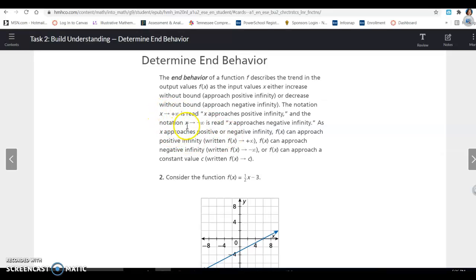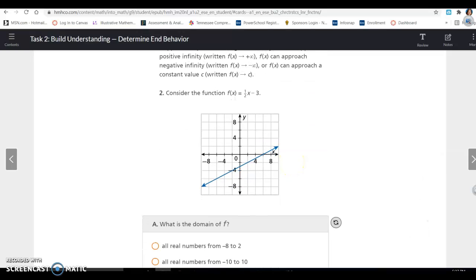And the notation x with the arrow to negative infinity is read x approaches negative infinity. As x approaches positive or negative infinity, f of x, which is your y value, can approach positive infinity or negative infinity as well.